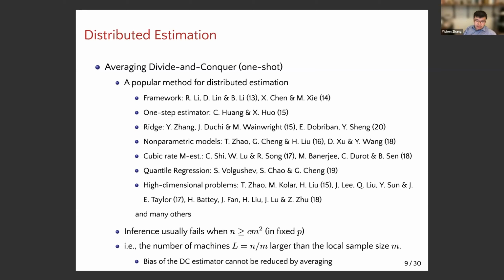I just want to say that this type of method is very straightforward, very popular, and very easy to compute. The only issue is that typically the inference would fail when N is greater than some constant times M squared.